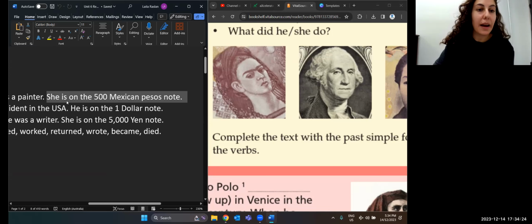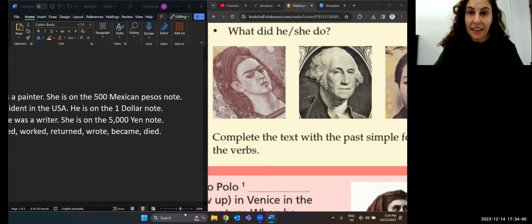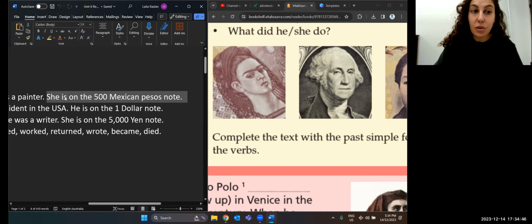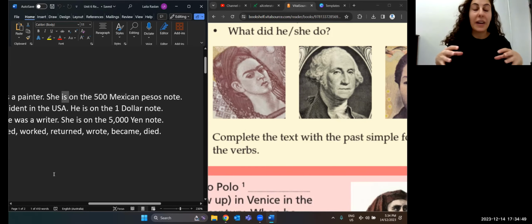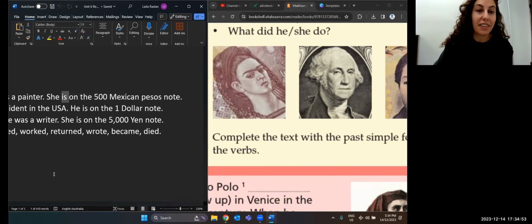I'm going to use my present simple, say is, because that's true information right now. If they changed it and they put someone else, then I can say she was on the 500 Mexican peso note. But because it's still current, it's happening now, we're going to use the present simple of the verb to be to say she is on the 500 Mexican peso note.